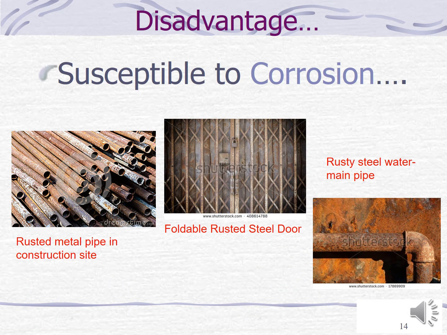The main disadvantage of the ferrous alloy is that this material is susceptible to corrosion. Here you can see some of the products that have been corroded when exposed to the ambient temperature or corrosive environment.